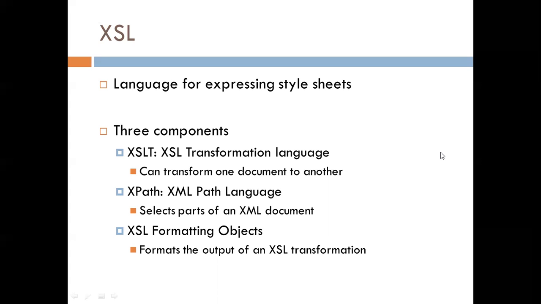Then XPath is the XML path language. Just like a URL path, for each element in an XML there will be an XPath. XPath is nothing but the path from the root element of the XML.